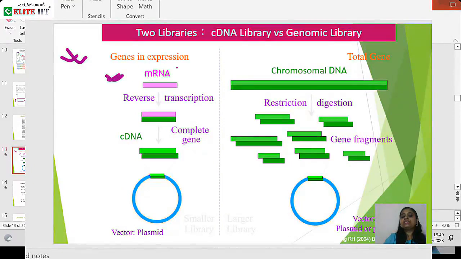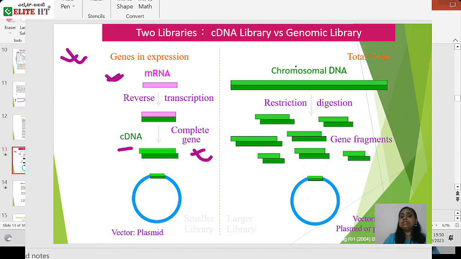Genes in expression, that is mRNA, you make into cDNA by reverse transcriptase enzyme. The starting point is single-stranded cDNA, then double-stranded cDNA formation. And now you just make plasmid.